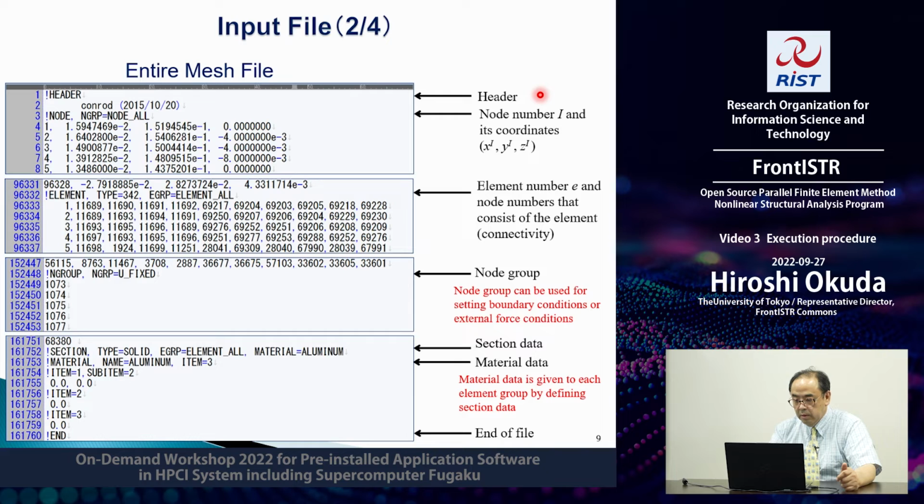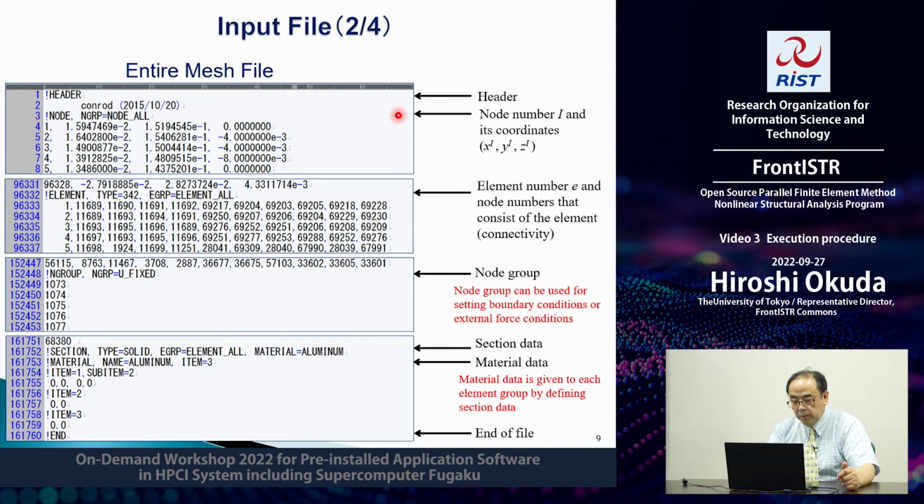The first part includes the coordinates of each node, and the second part is the element node connectivity. For instance, an element is composed of these nodes like this.